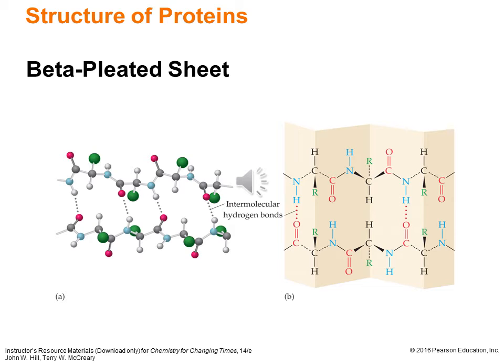So you have the partial negative at the oxygen end of the carbonyl, you have the partial positive at the hydrogen end of the NH, and those allow for some really nice, strong intermolecular hydrogen bonding that gives rise to this beta-pleated sheet array.